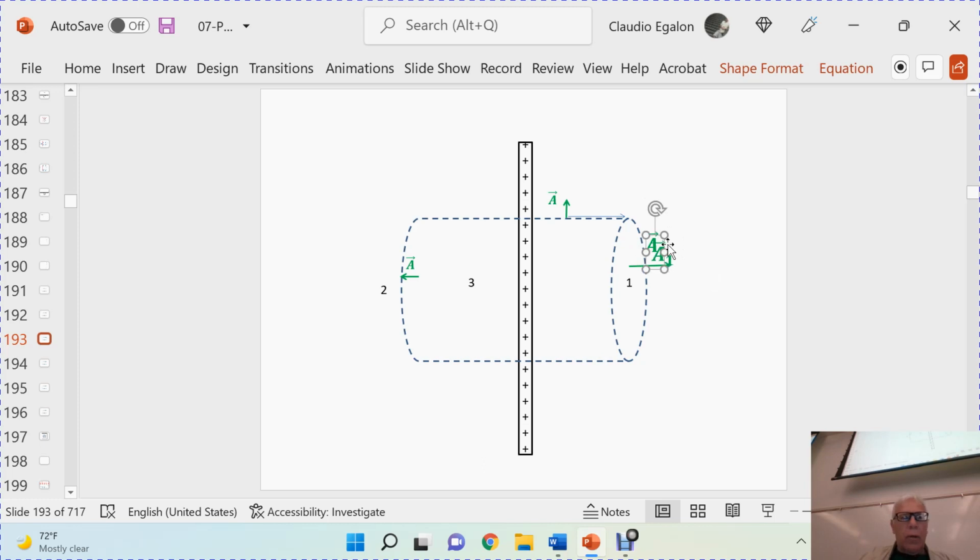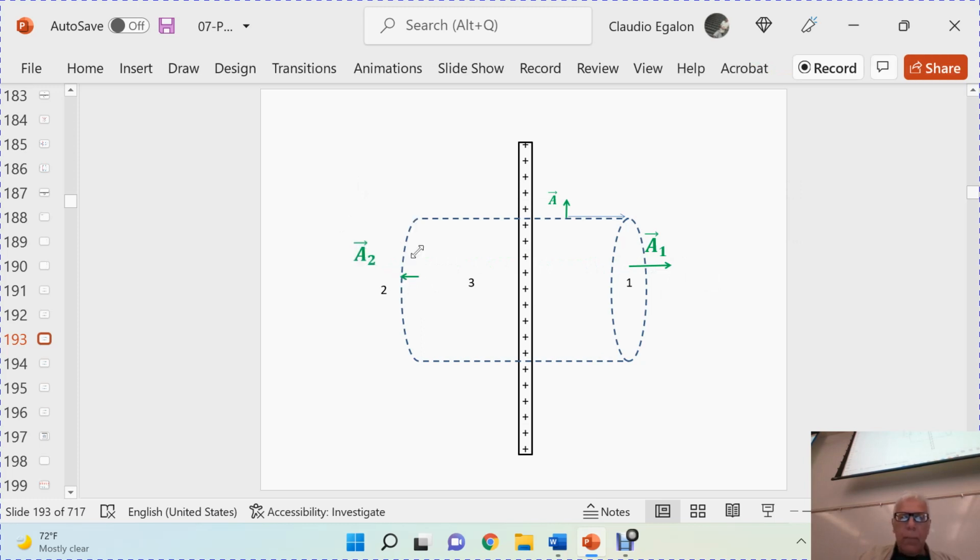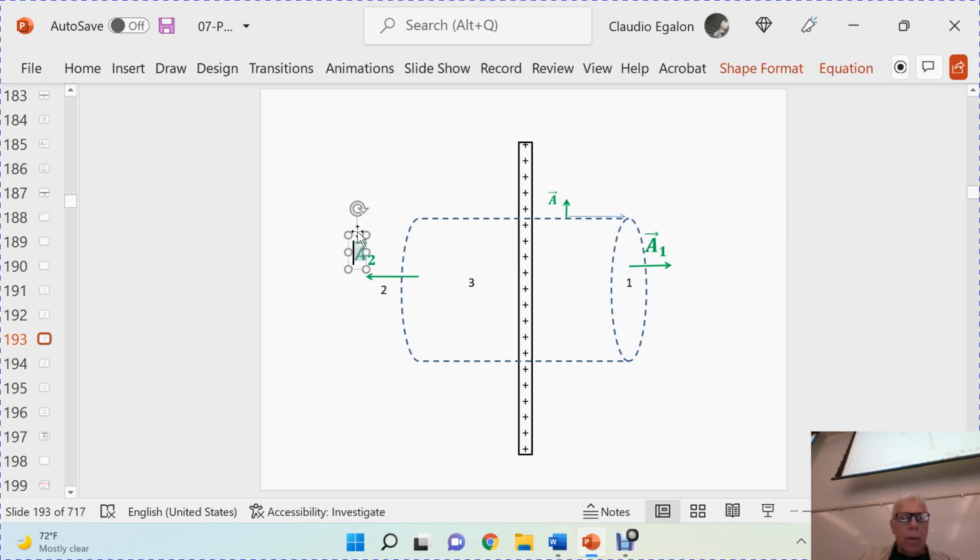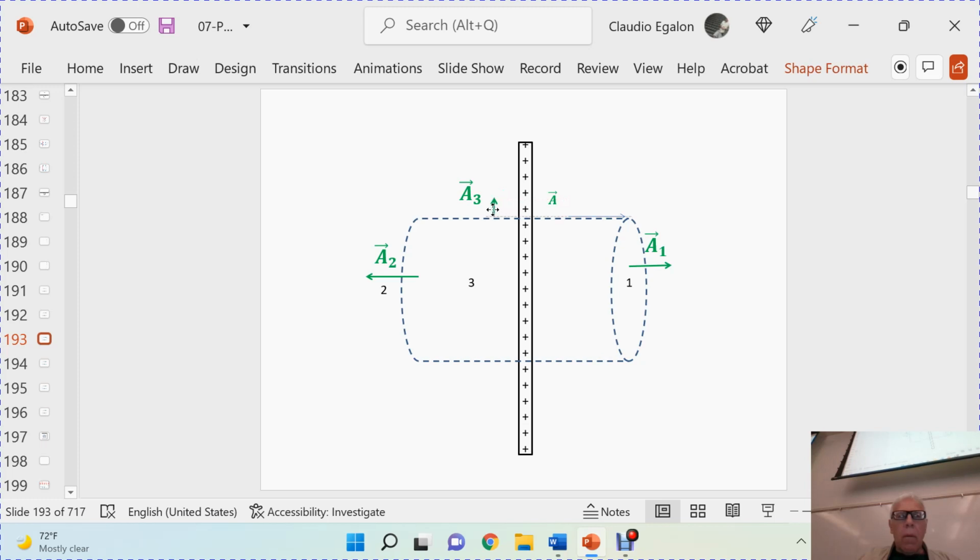The next one is going to be A2 here. And I'm going to make this one longer so you can see it easier. And the other surface, A3. Here you go.